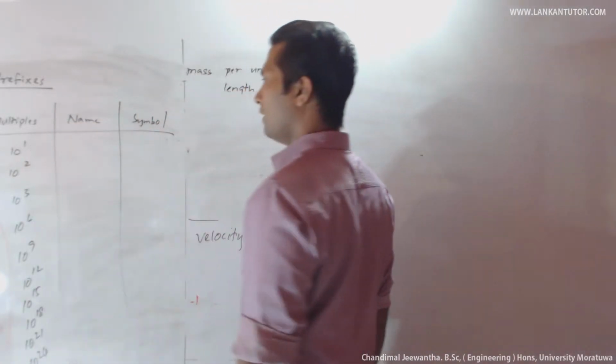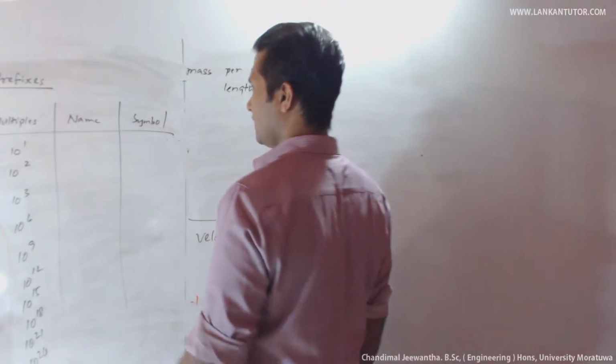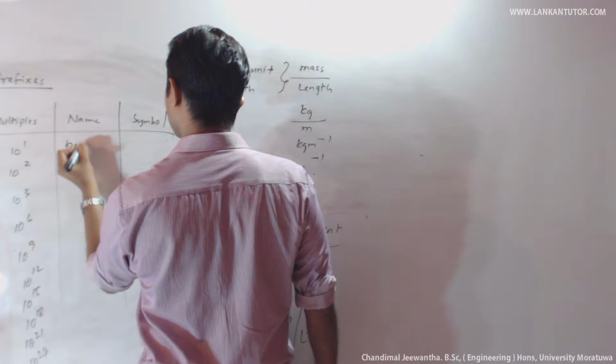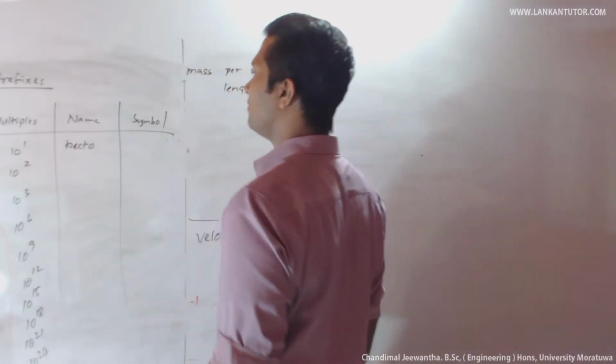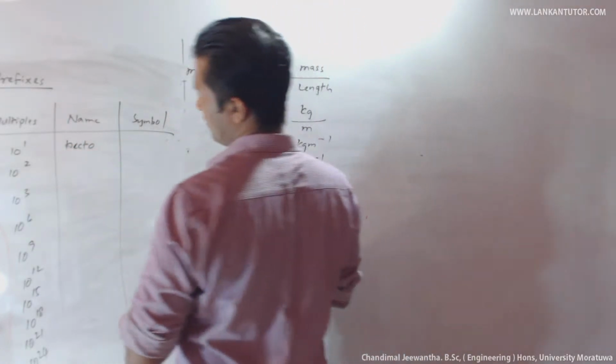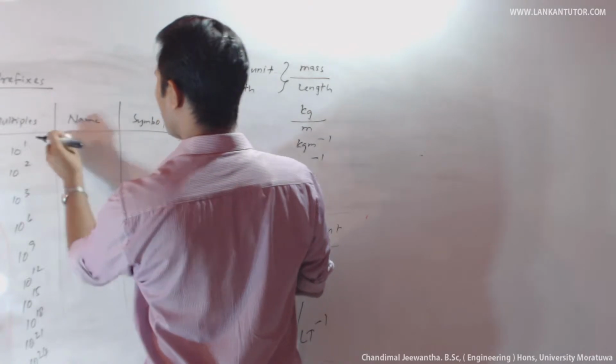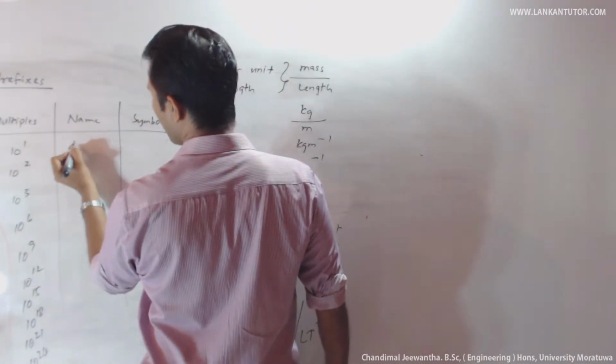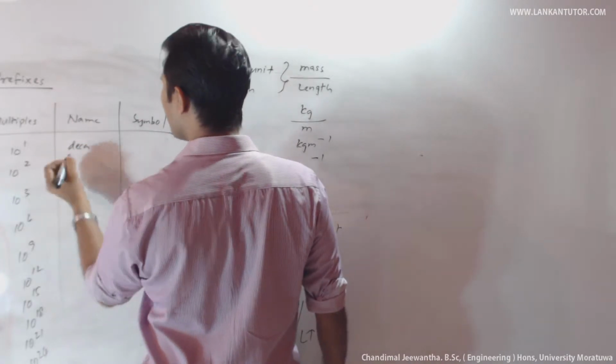Name of 10 to the power 1 is deca, then followed by hecto.